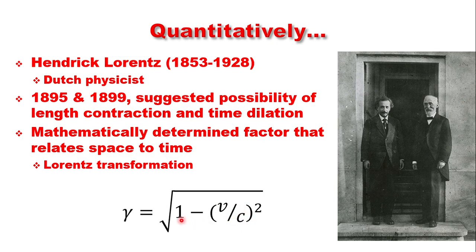The relationship is simply 1 minus the speed of the object divided by the speed of light, which is the fraction of the speed of light you're traveling at. If you square that, subtract it from 1 and take the square root, that's the factor that relates the effects on space and time on an object traveling at different speeds.